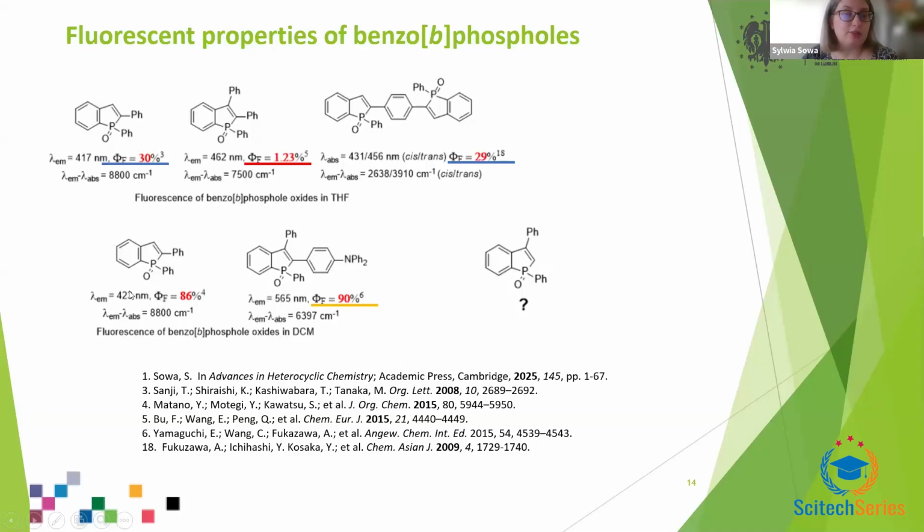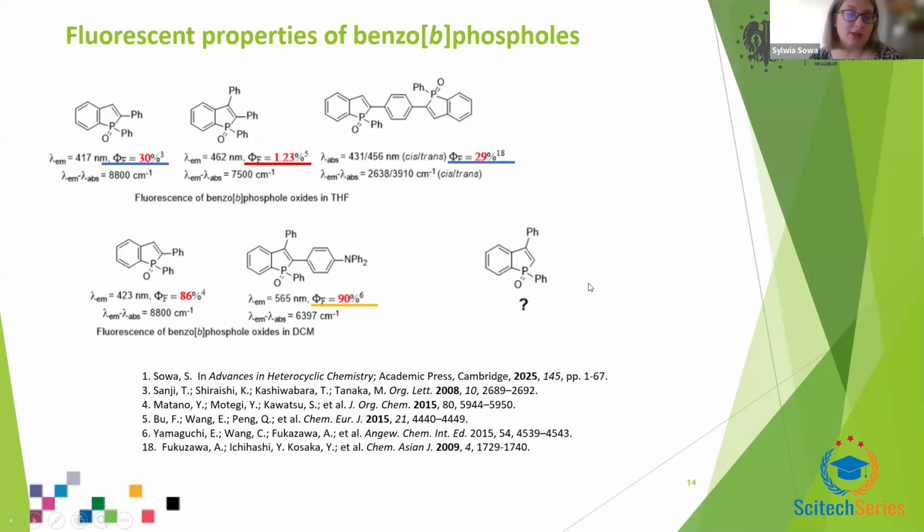However, in the second group, in which the fluorescence origin is different and is derived from internal charge transfer in the molecule, the presence of substituents at the 3 position contributed to the fluorescence increase, and here the fluorescence is very high.